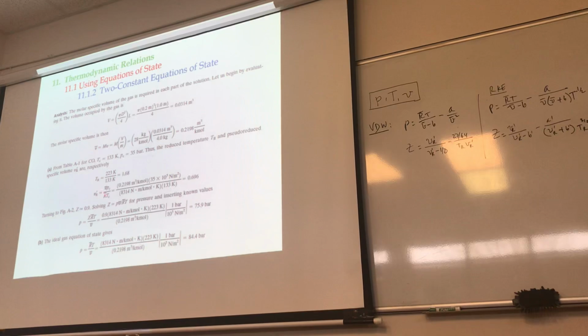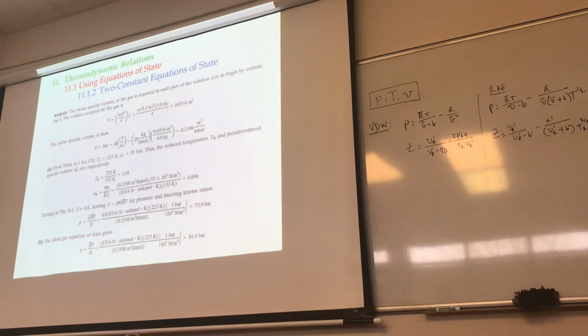So we can calculate the pseudo-reduced specific volume. Now from that figure, once VR prime is given and TR is given, you can read that and find the value of Z, and you find that it's approximately 0.9.